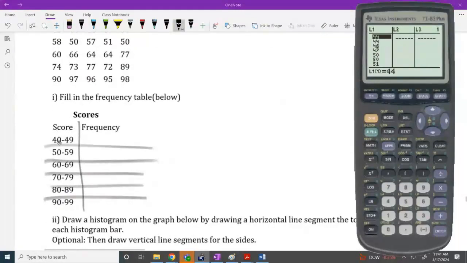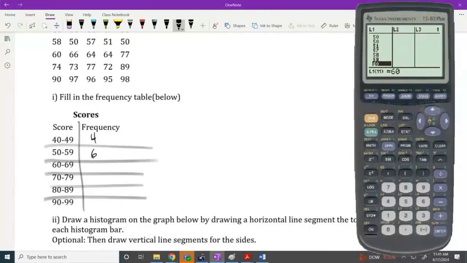So how many numbers are in the range of 40 to 49? Looks like 4, right? 1, 2, 3, 4. So that first class frequency is 4. From 50 to 59, it looks like 1, 2, 3, 4, 5. Looks like 6.